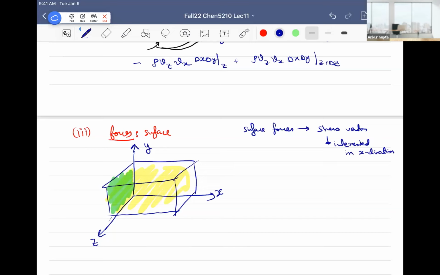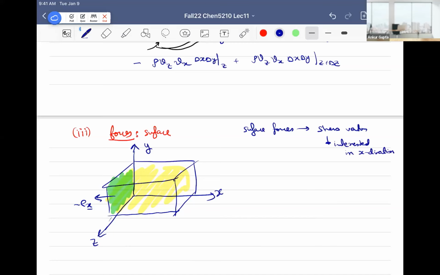Minus x, Tim says. Tim, why do you think it's minus x?